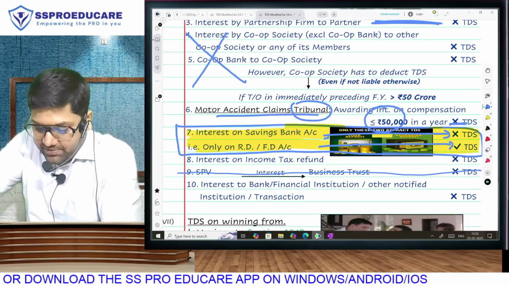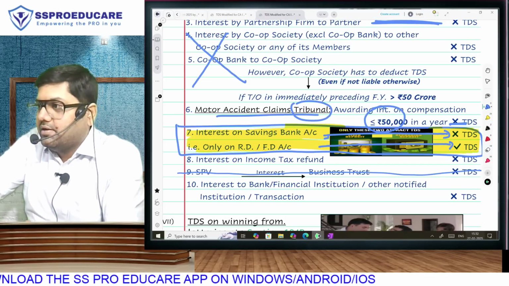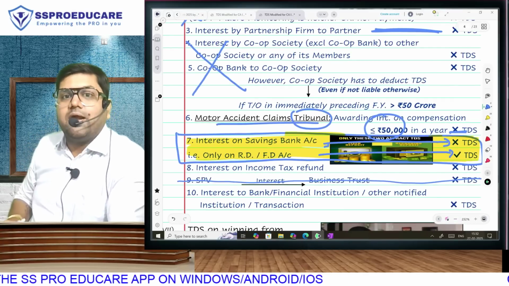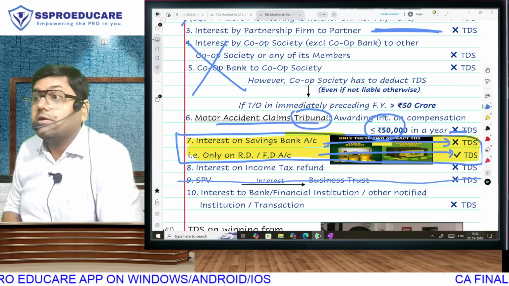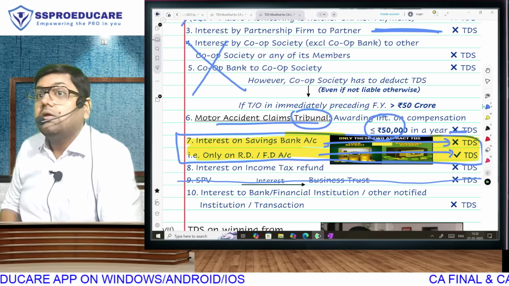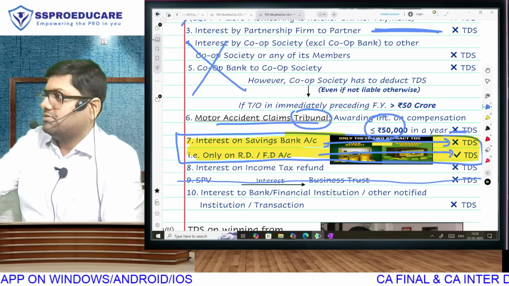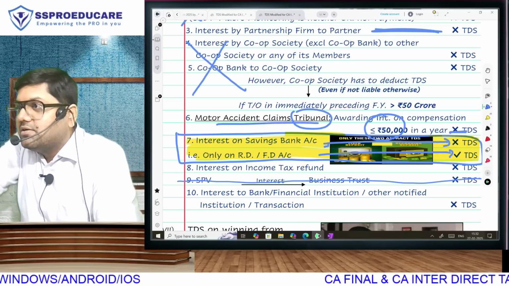So on a saving account, there will be no TDS, but on FDRD, there will be TDS. Is this clear? Supposing you are getting an income tax refund. By now, we know that people do get income tax refunds. If the refund is late, you will be very happy to know this: the income tax department gives us refund with interest. Do we get interest on income tax refund if the refund is received late?